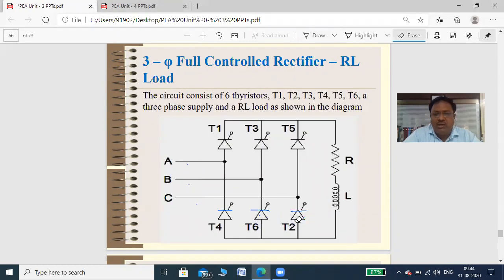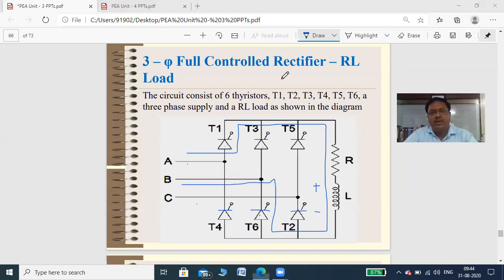Now, already many times I have explained to you about the inductive load. What happens with an inductive load? If T1 and T6 are conducting, initially we consider A and B, so VAB will flow. So A, then R, then inductor. It starts to store energy with the polarity as shown in the figure. Then current will flow through T6 and then to B, right? So this time the inductor will store energy in its magnetic field with the polarity as shown in the figure.